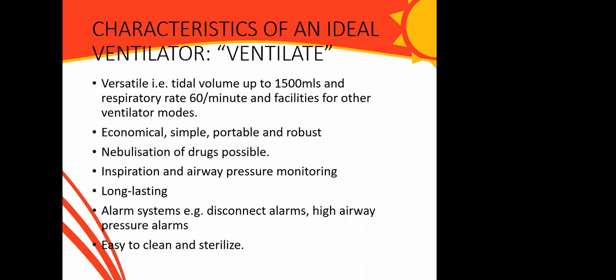So you want to have a ventilator with an alarm system. Different kinds of things can set off the alarm: disconnect alarms, airway pressure alarm, and all that. And it should be easy to clean and sterilize. So these are some of the things I put together that would define an ideal ventilator.